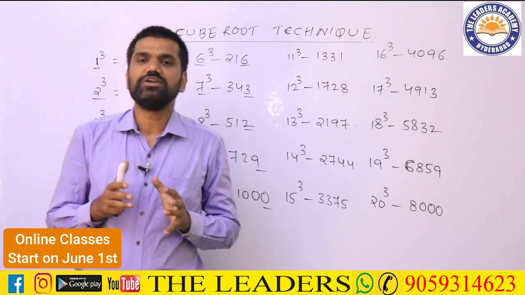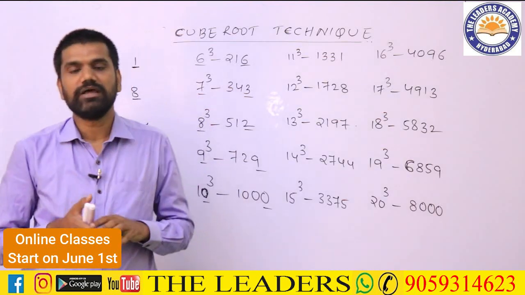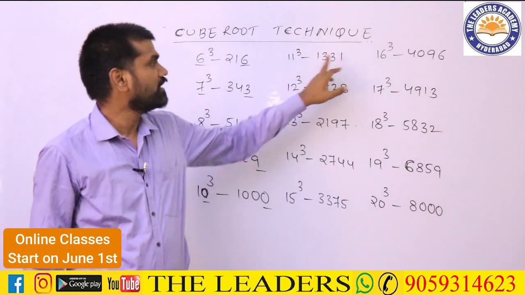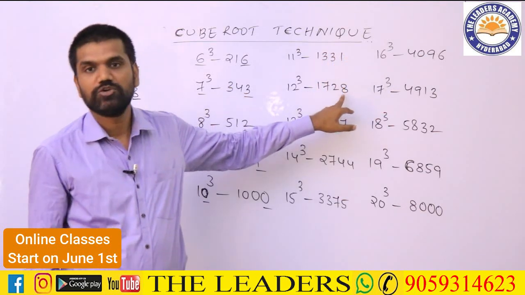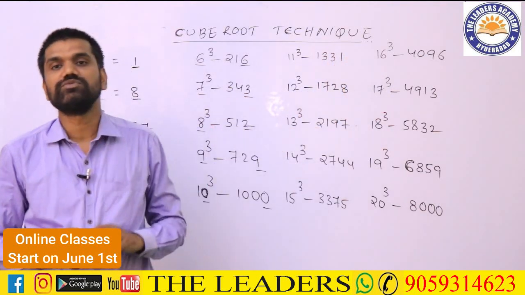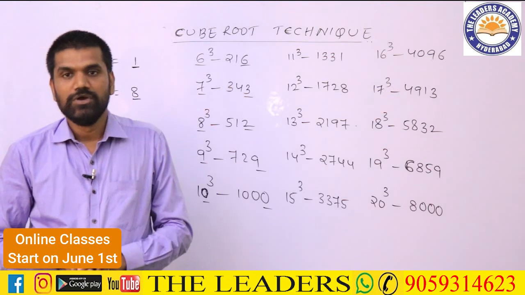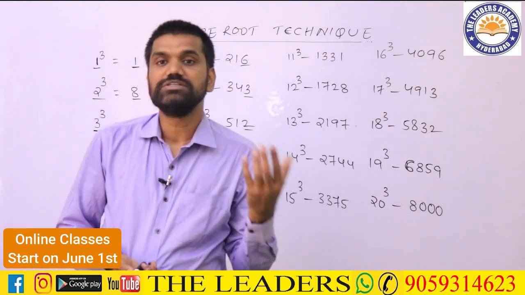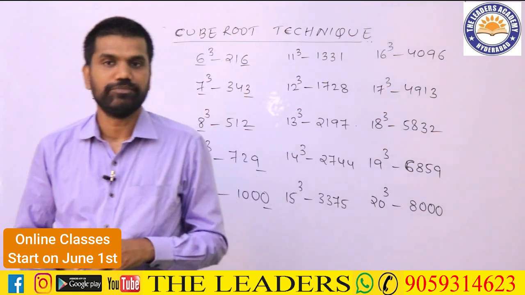So if any particular cube ends with 1, I can directly say that the cube root of that number is going to end with 1. Similarly, if any perfect cube ends with 8, the cube root of that is going to end with 2, is what we can directly say. So likewise, for every digit there will be a different units digit that is going to come in the cube.